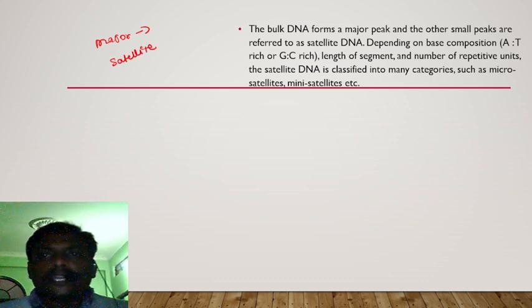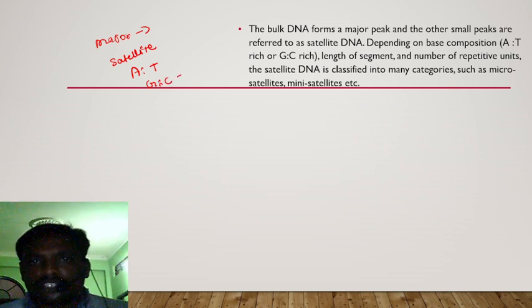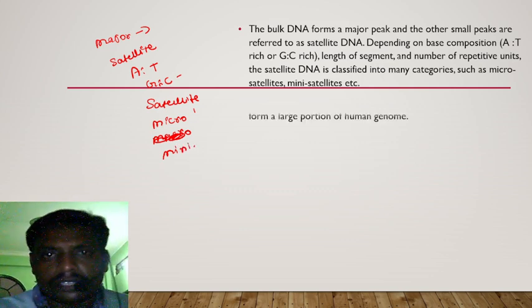Depending on base composition, adenine-thymine ratio, guanine and cytosine rich, length of the segment, and number of repetitive units, satellite DNA is classified into many categories such as microsatellites and macrosatellites or minisatellites.